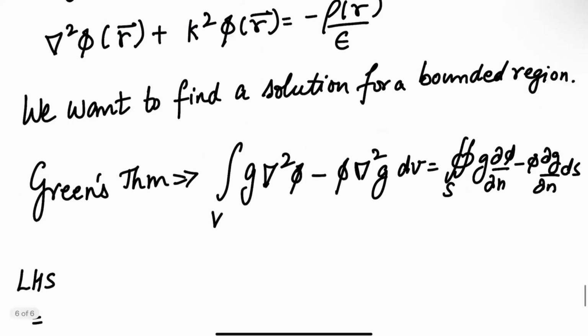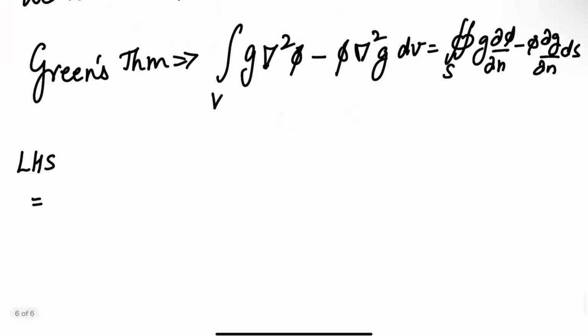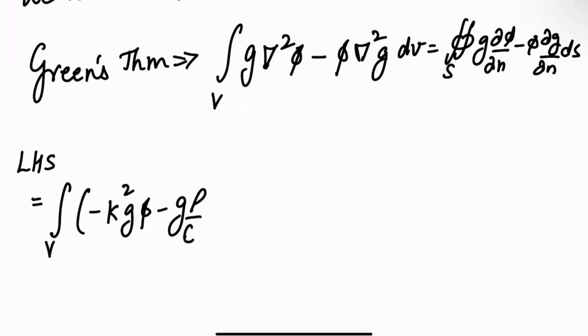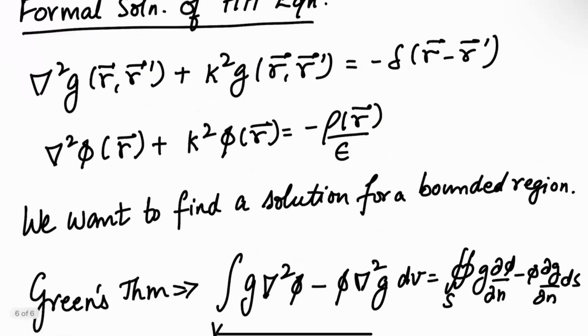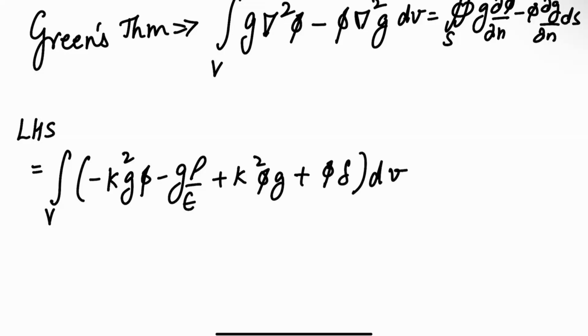So now what I'll do is substitute the Laplacian values from these two equations into this one and this one. That gives me, on the left hand side, the volume integral of minus k square G phi minus G rho over epsilon, which is what you have on the right hand side here, plus k square phi G plus phi delta, dV.